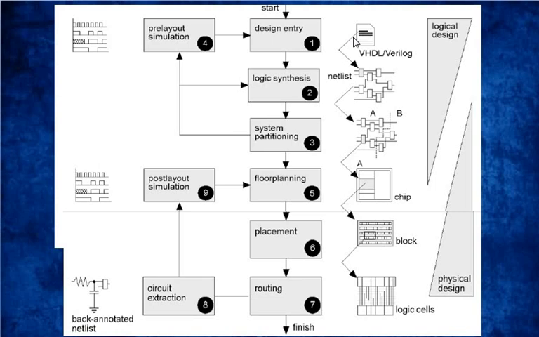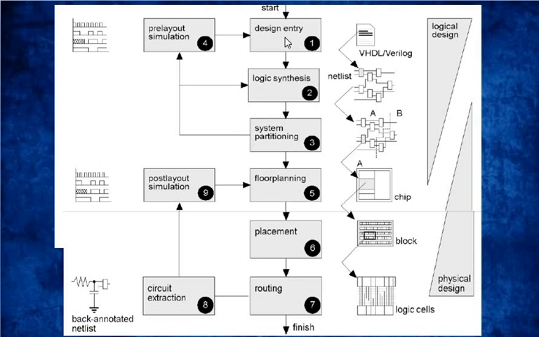Coming to HDL entry, it supports mixed-level description, where gates and netlist constructs are both used in the functional description. I'll repeat once again: design entry has two types. One is schematic entry, with a completely graphical representation.